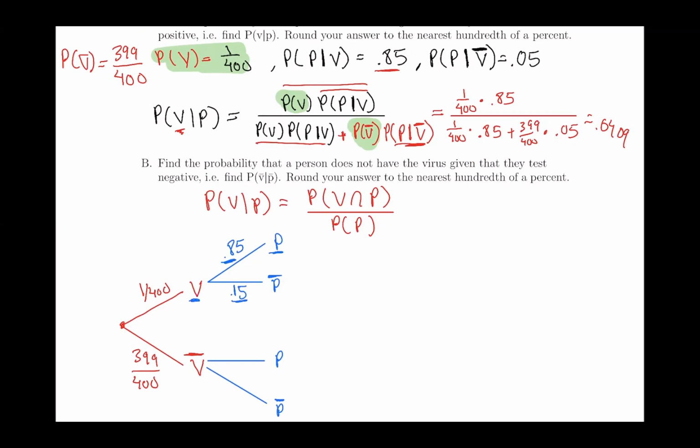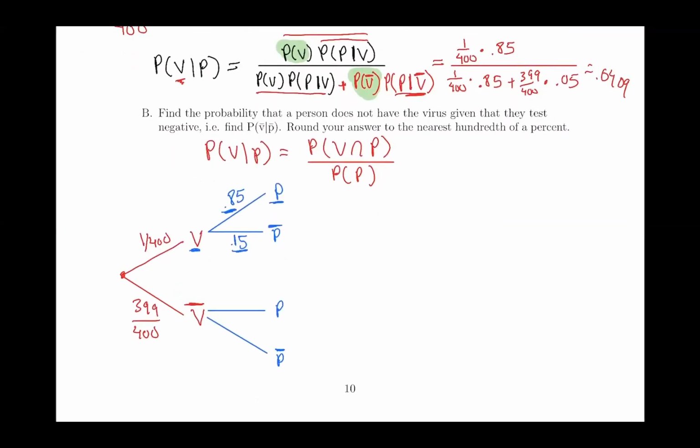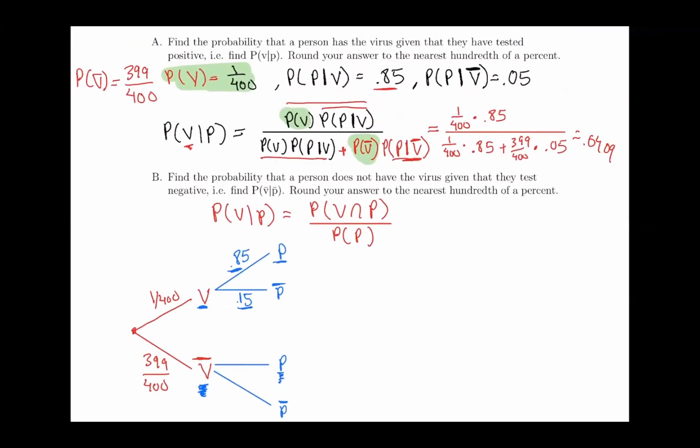So let's go on to the next one. Now we're doing people who don't have the virus. What percentage of the time is somebody going to test positive if they don't have the virus? If you remember on this one, we said it was 5%.